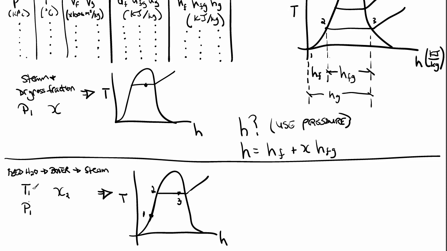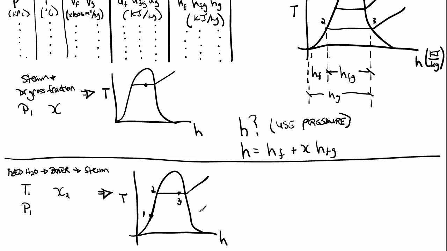If this is 40 degrees Celsius, then I know we're down. I've got to take it up to that temperature first before it boils. I've got to get it up to its boiling point. So I just want to check that there's a difference between 1 and 2, and I will find that here. I'll look at the pressure, and if I'm lower than that, I know I'll never be higher than that, not for these initial conditions. If I'm lower than that, I know my 1 is below here.